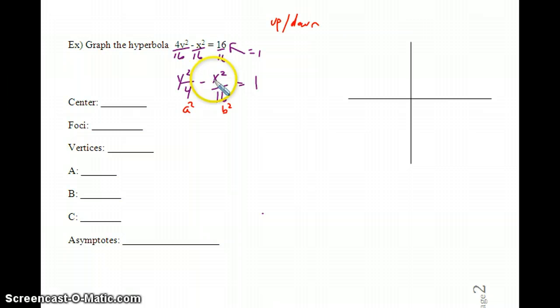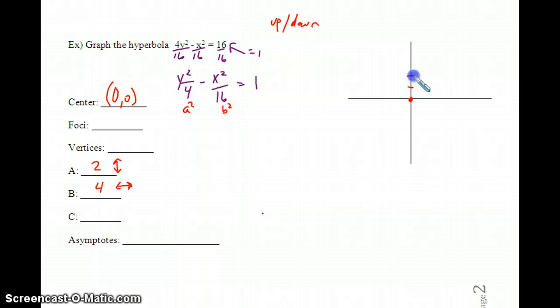So what I know right away is that my center is going to be 0, 0. If a squared is 4, then a has to be 2. If b squared is 16, then b has to be 4. I can plot those points now. Plot 0, 0, and then since a is underneath the y value, it's going to be going up and down, and b is going to be going left and right.